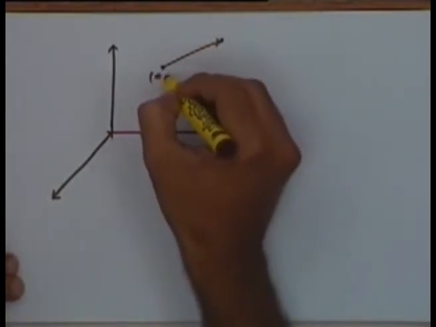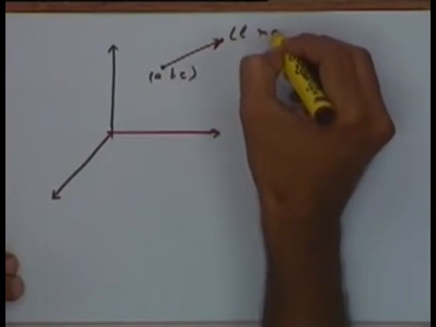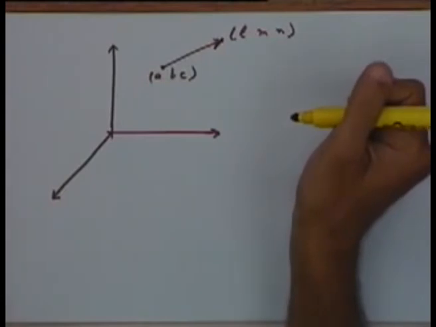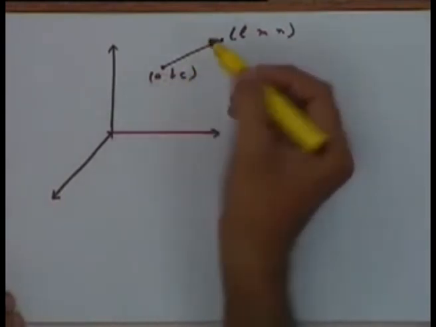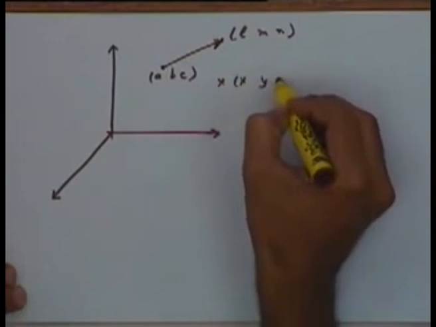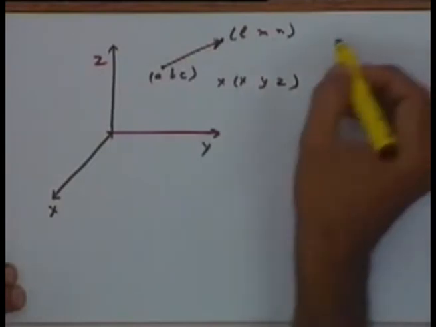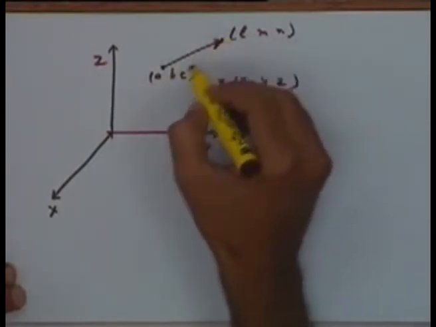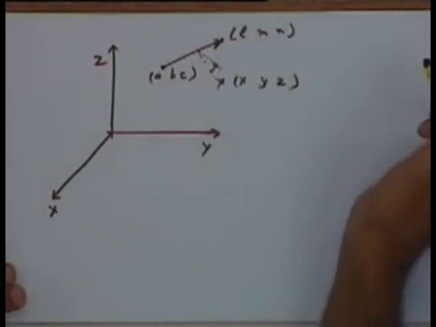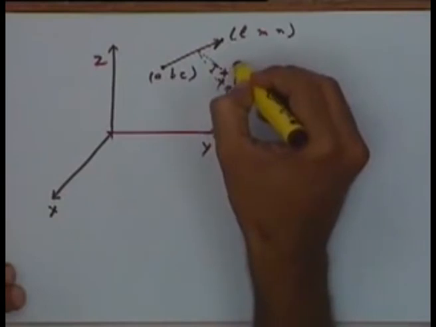Let's say this is the point A, B, C, and this vector has direction cosines of L, M, N. How do we rotate about this arbitrary vector? We have any point x, y, z. This is my x axis, this is my y axis, this is my z axis. I want to rotate this point x, y, z about this vector by an angle theta. This will be transformed to some point over here. This is P, this will be transformed to P prime.